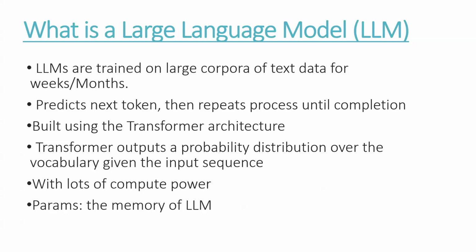Now let's talk about LLMs. Right? So what are LLMs? LLMs are also machine learning models, but they are trained on a large corpus of text data for weeks and months. So their training is not as easy and as fast as what we did a few minutes back, where we just imported one CSV file and our model got trained. Here we are talking about data which is in petabytes.